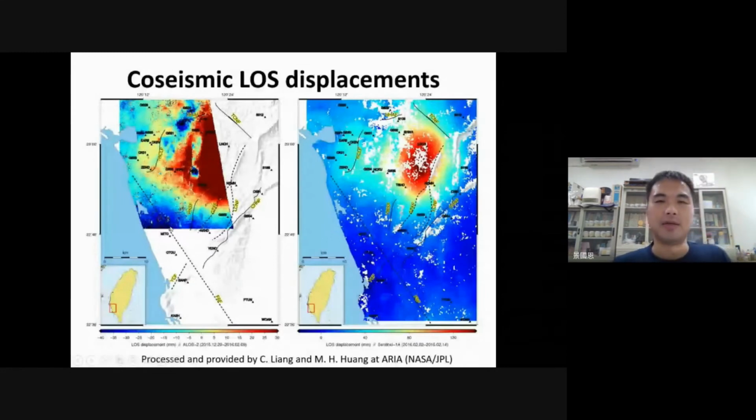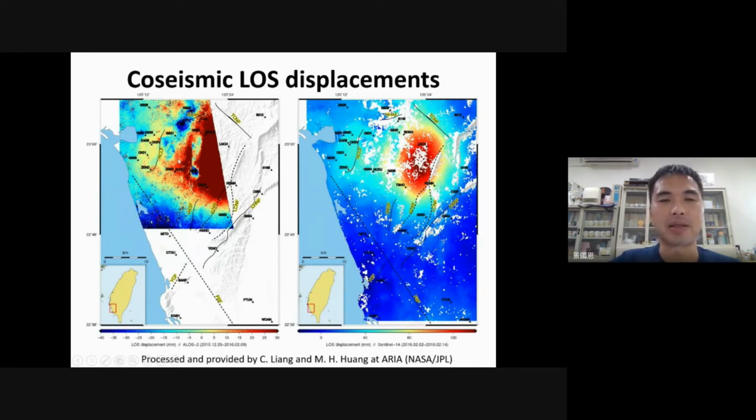However, if we have InSAR results, so this is the InSAR result. This is the result from ALOS 2, and this is the result from Sentinel-1A.